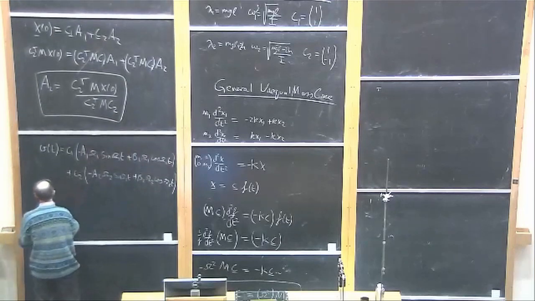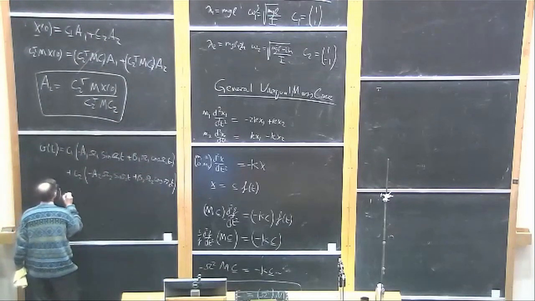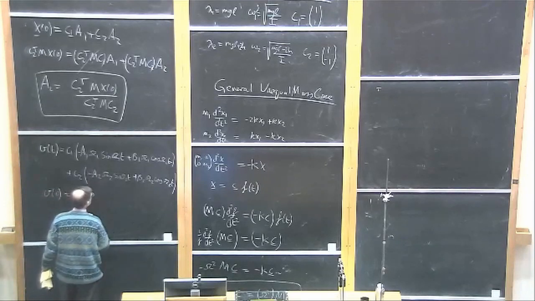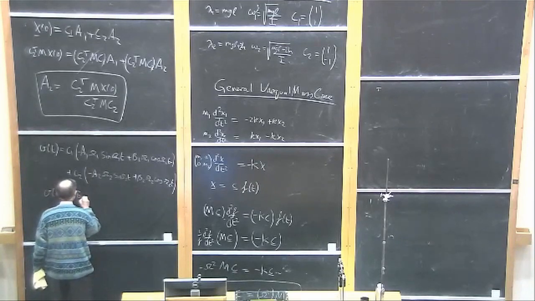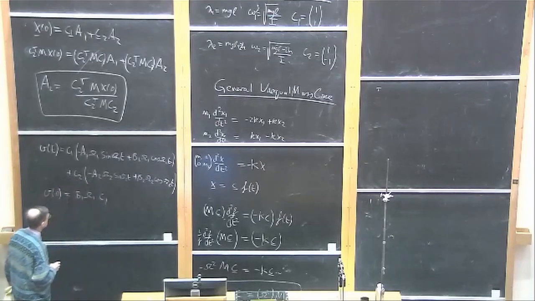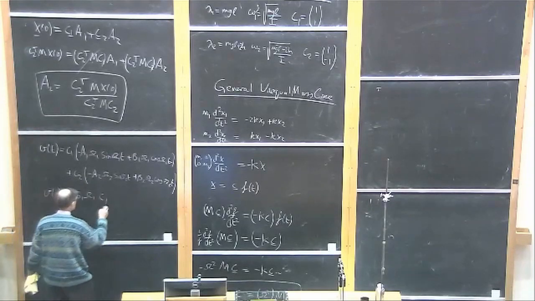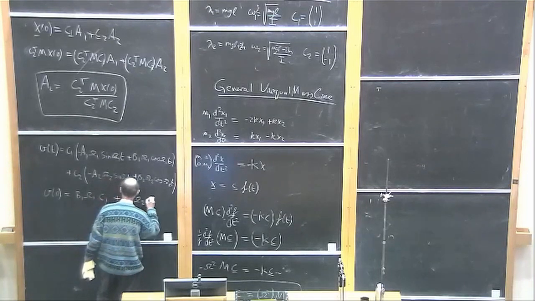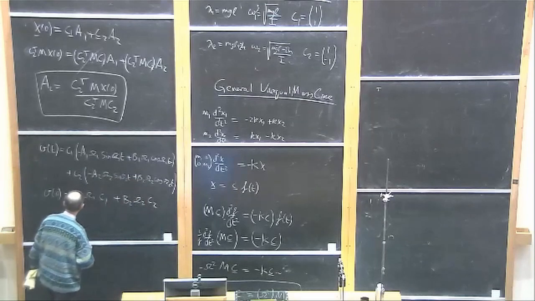And so V of naught is, this goes away, B1 omega 1 C1 plus B2 omega 2 C2.